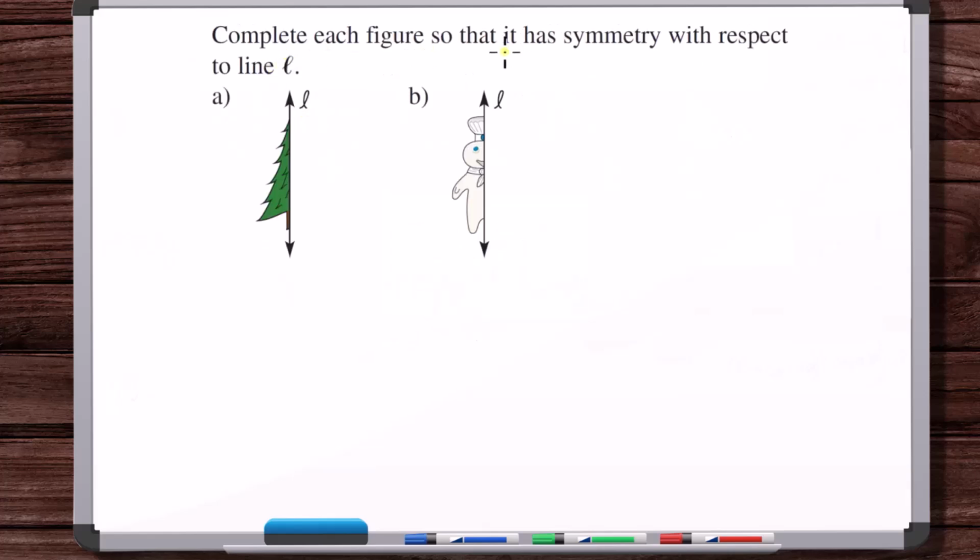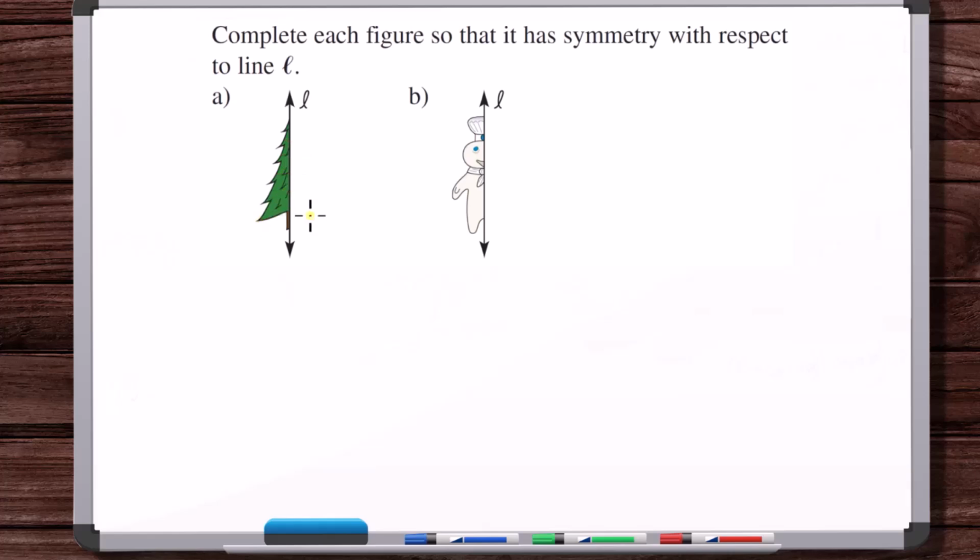Complete each figure so that it has symmetry with respect to line L. Well, if we want something to be symmetric with respect to a line, then we can reflect it across that line. So all we need to do is reflect this across the line. We can get a sense for what's going to happen here. This point's going to have a corresponding point across. Every point's going to have a corresponding point on the other side of the line.